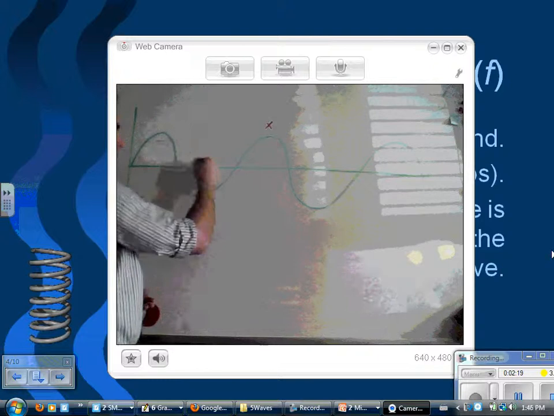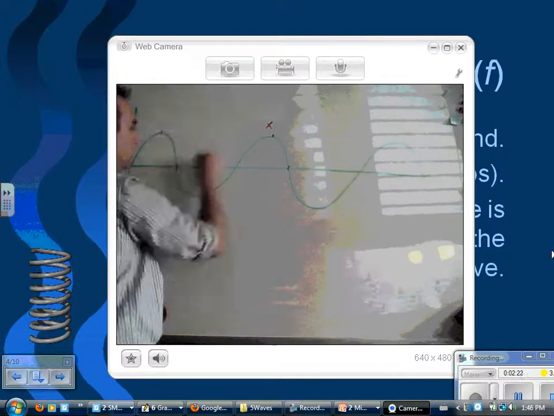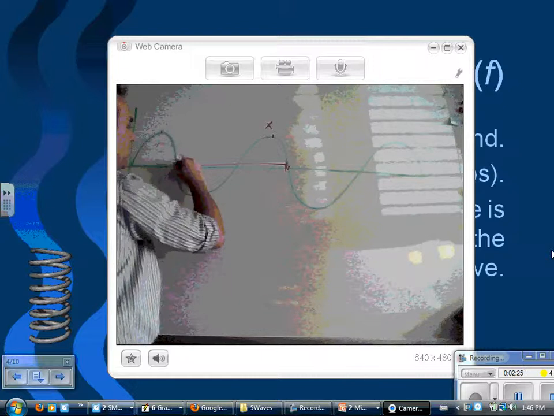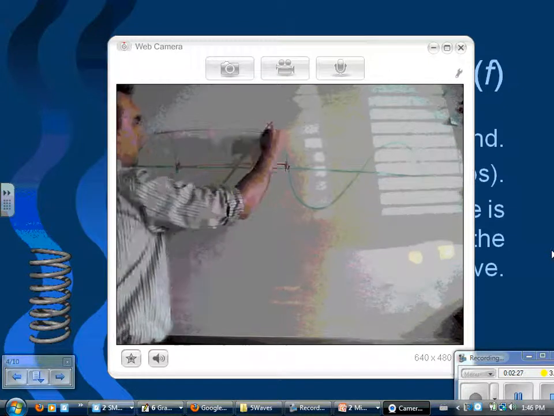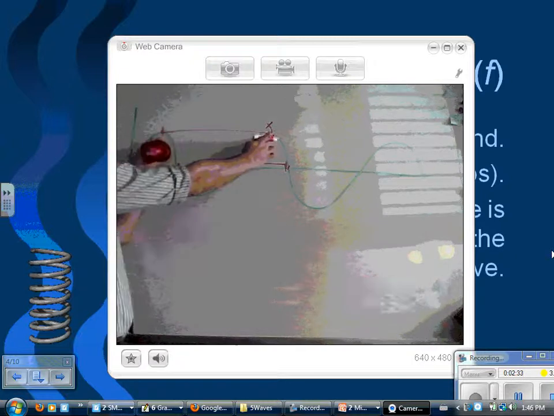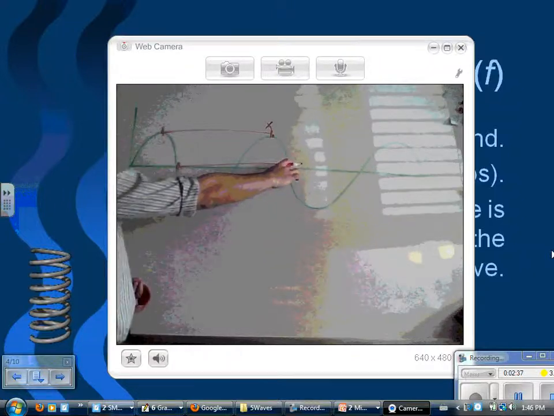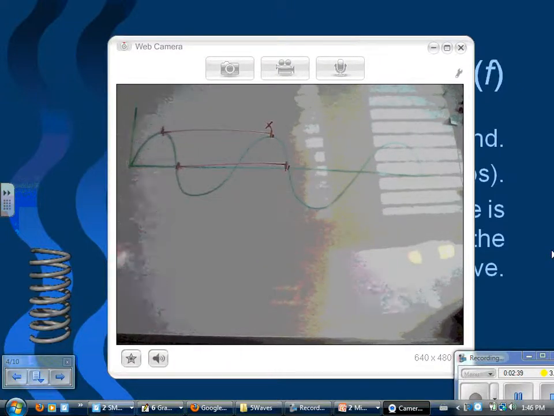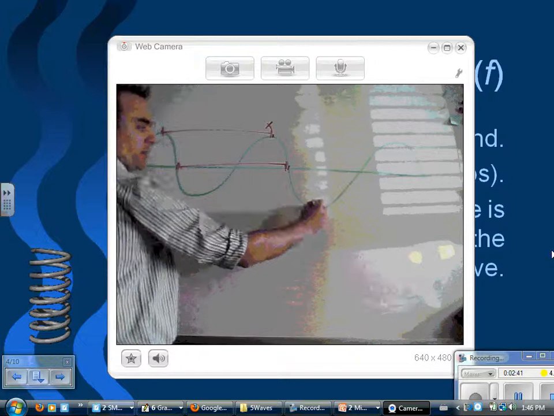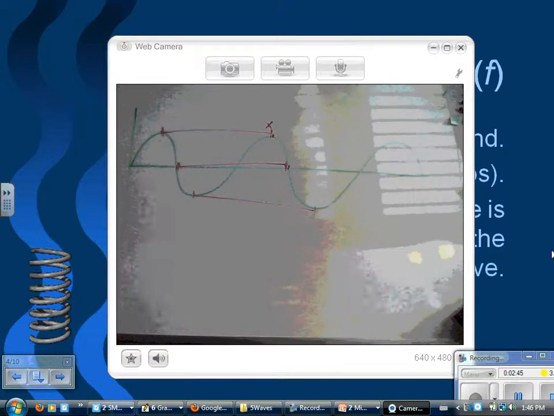If we go from here to here, or from here to here, that is one cycle. Does anyone know what the other term for that is? Wavelength. This is one wavelength. This is one wave, basically, from where it starts to where it repeats. Crest is the top of the wave, and that's a trough. That's also one wavelength. Okay? It's coming in a later slide.